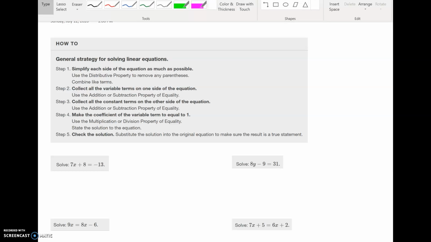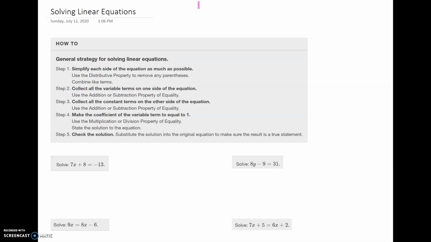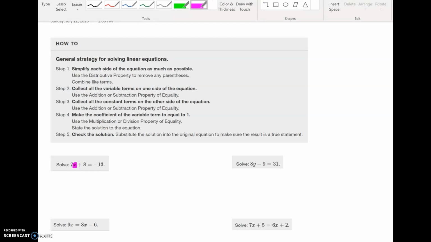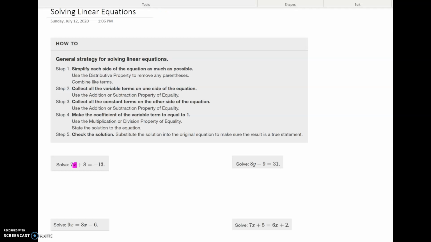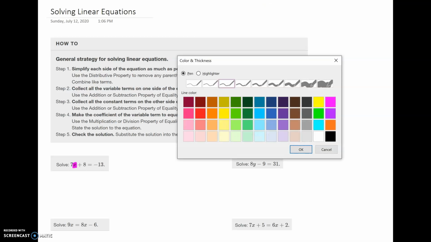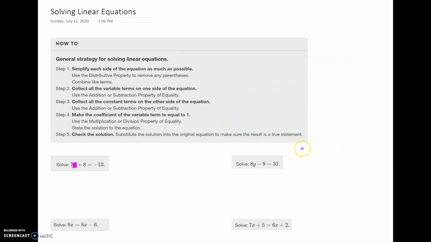The first thing that I always like to do for the equations is to highlight or circle where the variable is. That gives us an idea of what we need to look for. So that's a good first step. Okay.